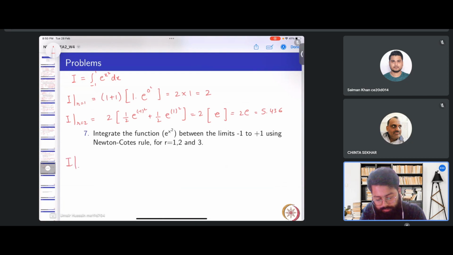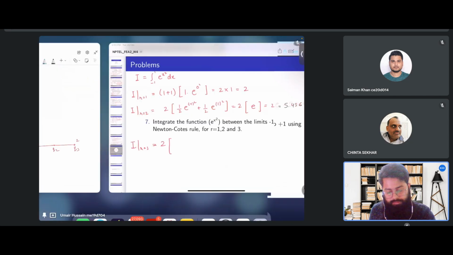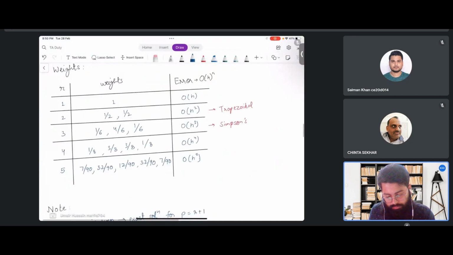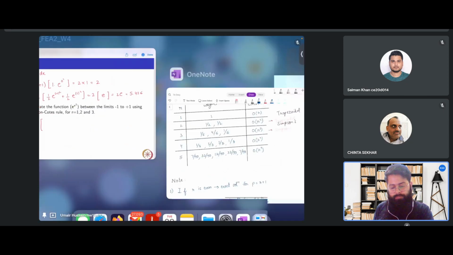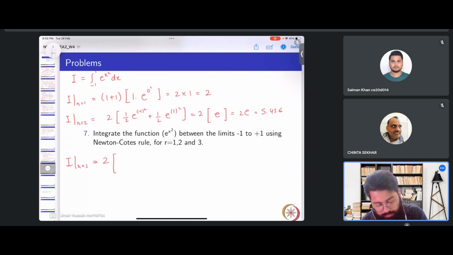For r equals to 3, we have 2 times. So for 3 we have the weight distribution as 1 by 6, 4 by 6 and 1 by 6, right? Yeah, 1 by 6, 4 by 6 and 1 by 6. 1 by 6 e to the power minus 1 square plus 4 by 6 e to the power 0 plus 1 by 6 e to the power 1 square.